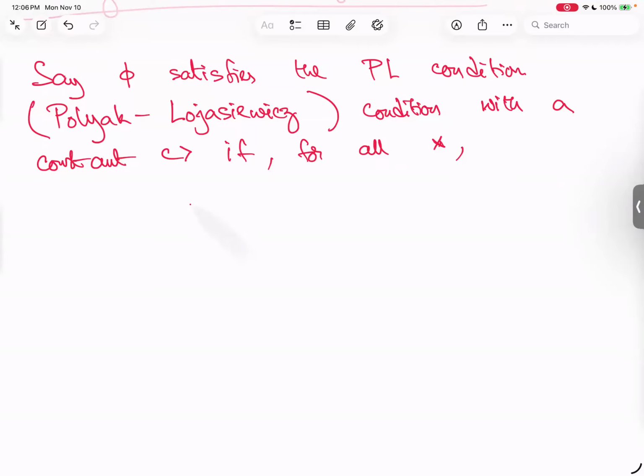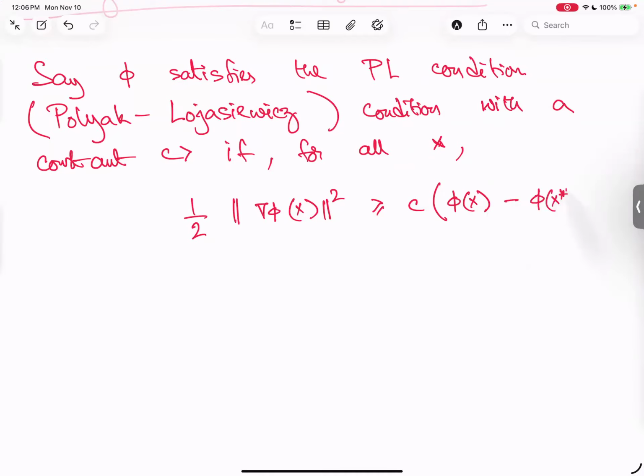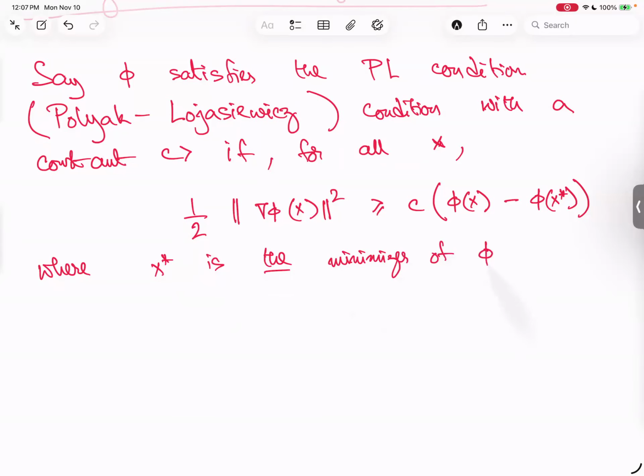I have the following inequality: one half the norm square of the gradient of phi at x is greater than or equal to c times phi of x minus phi of x star, where x star is the minimizer of phi, assumed to be unique.